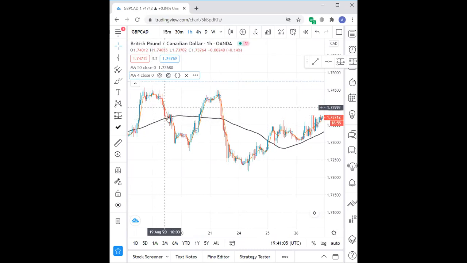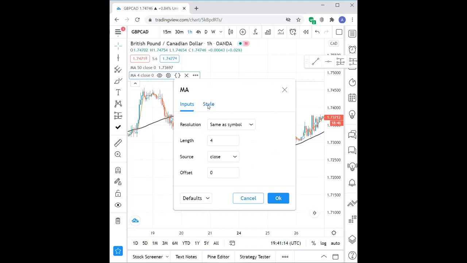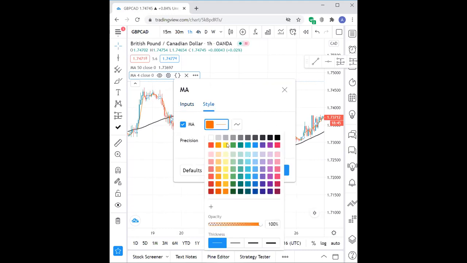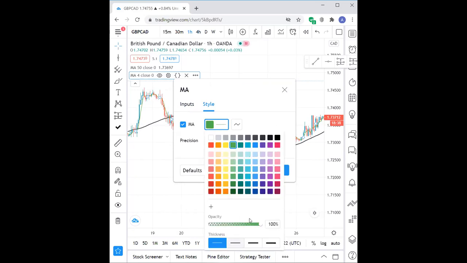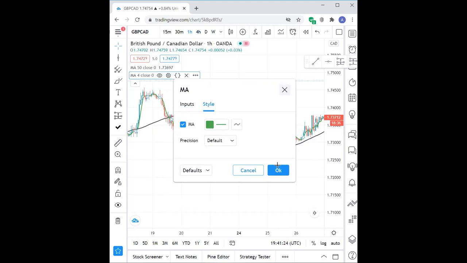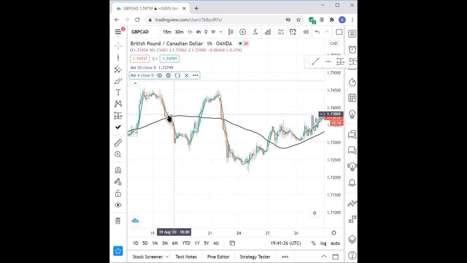So when these moving averages cross here, it's the same as when two lines cross each other. Let me change the color. Okay, green. So whenever a cross happens, it actually gives you an idea that the market has changed its direction.